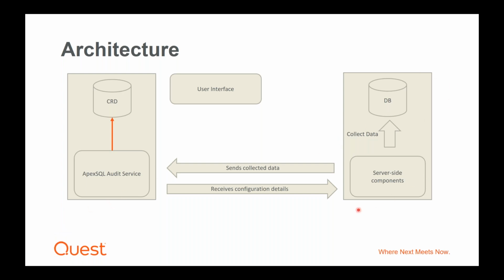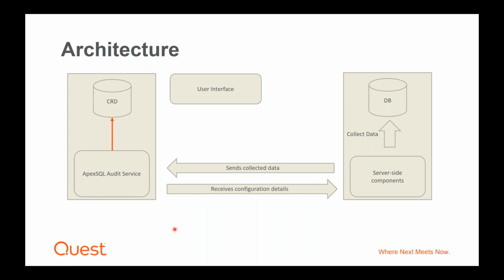If this is your monitored server over on the right-hand side, and you obviously have one or more of those, what we would typically suggest is that you provision a central server for the collection of the data from the monitored instances, and we would put an instance of SQL on there as well.